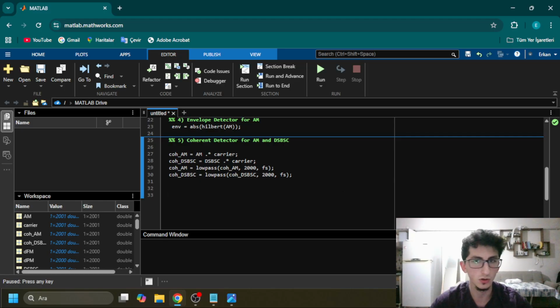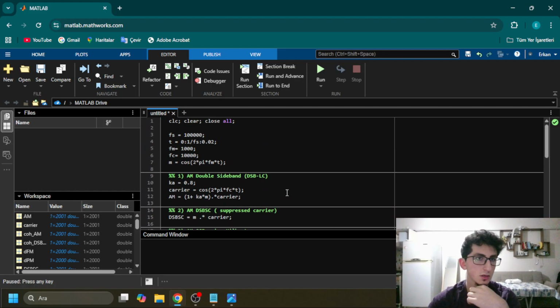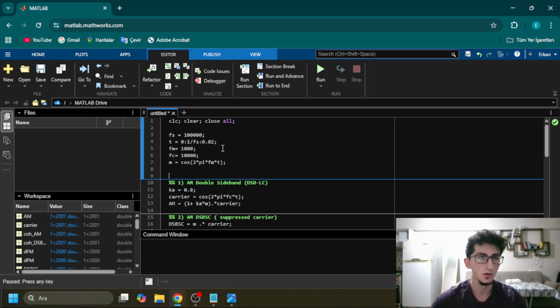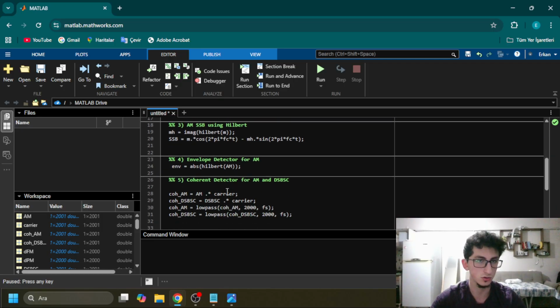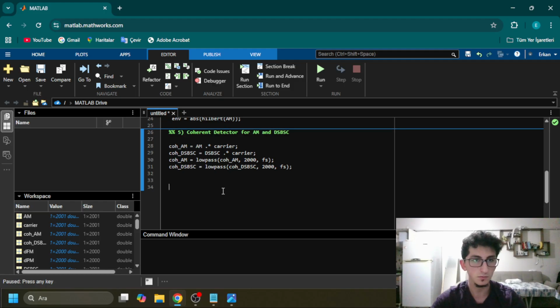So we are gonna continue with FM family modulation techniques. We have already completed the AM modulation techniques in here. We defined our parameters and we have made our AM modulation techniques. First one, second one, third, fourth, and the last one. So we are gonna continue with the FM family.